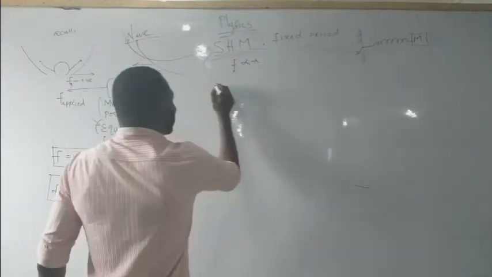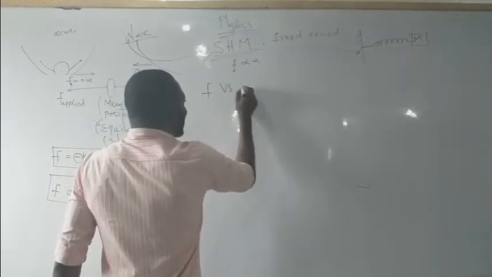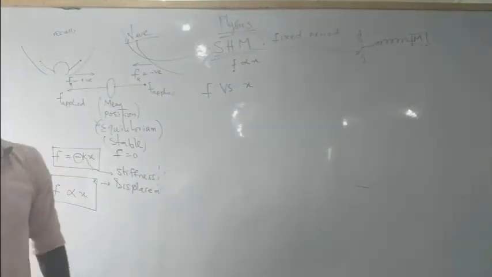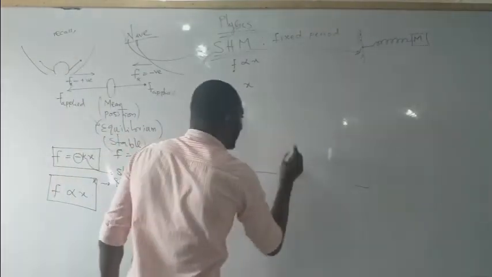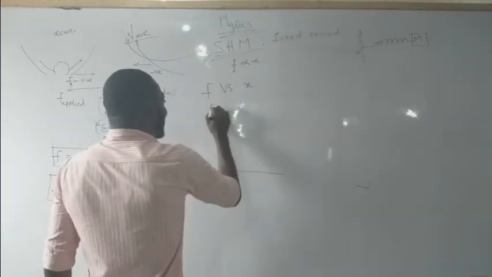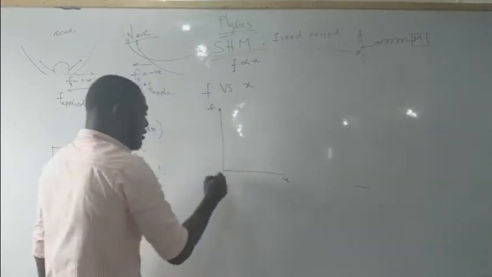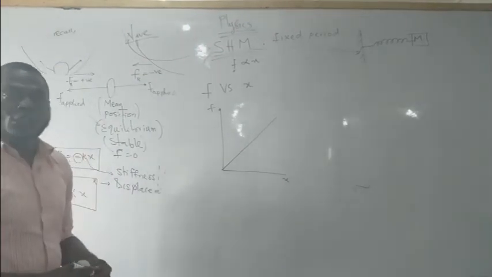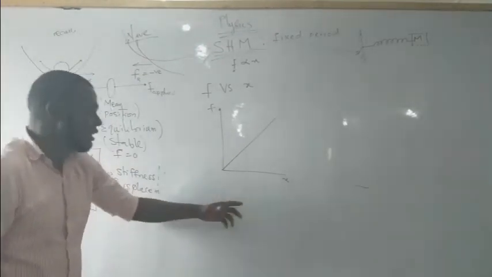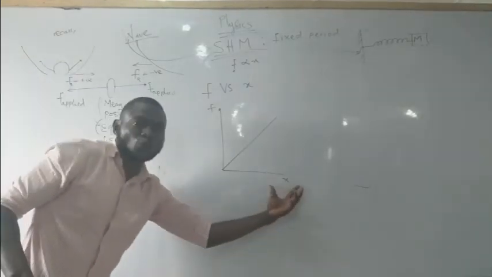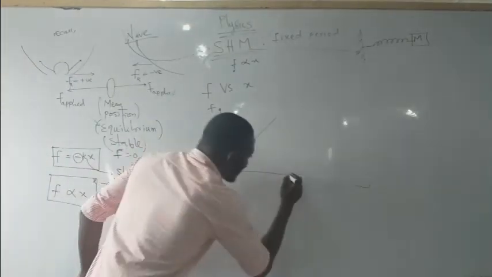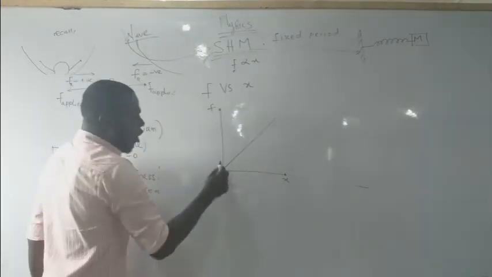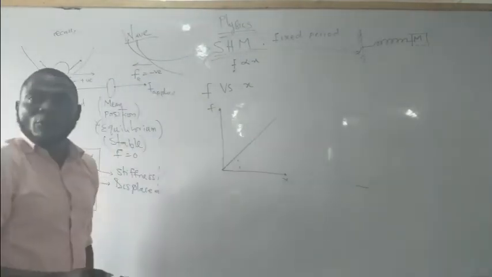So we can have the graph of F versus displacement, x. This will be force in newtons, x in meters. This is how the graph will look. Meaning that once you increase the force, displacement will increase.